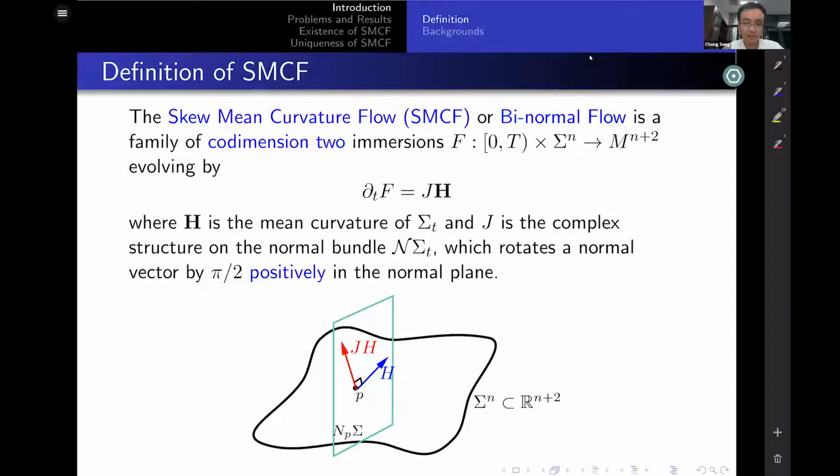This positivity is, of course, given by the orientation of the submanifold and the ambient space. This skew curvature flow can be defined in any Riemannian ambient manifold and for any dimension, as long as the submanifold is of codimension 2.